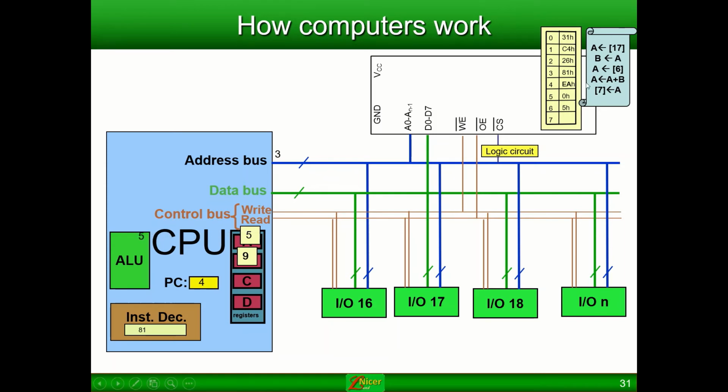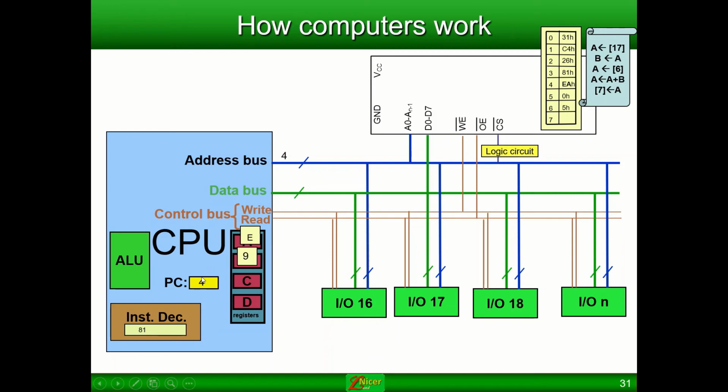The instruction 81H means that we have to add A plus B first and then store the result in the register A. This will be done by our ALU. As we can see, 5 and 9 will be added in the ALU and the result will be stored in the register A, that is E.